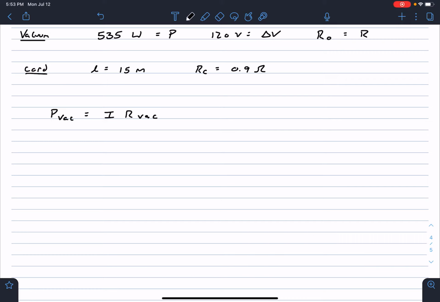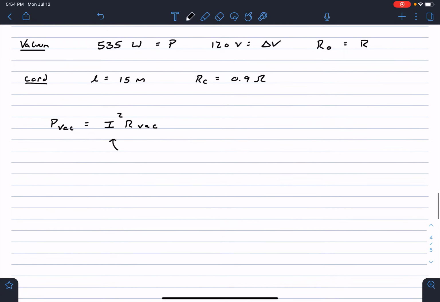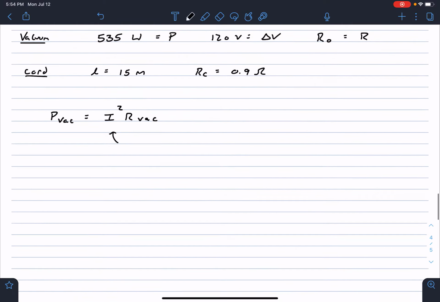That's what I'm looking for here. So if I check the summary, it is squared. So there we go. Power is equal to current squared times the resistance of the vacuum. And this is going to be the current flowing through the vacuum itself and also the cable, right?